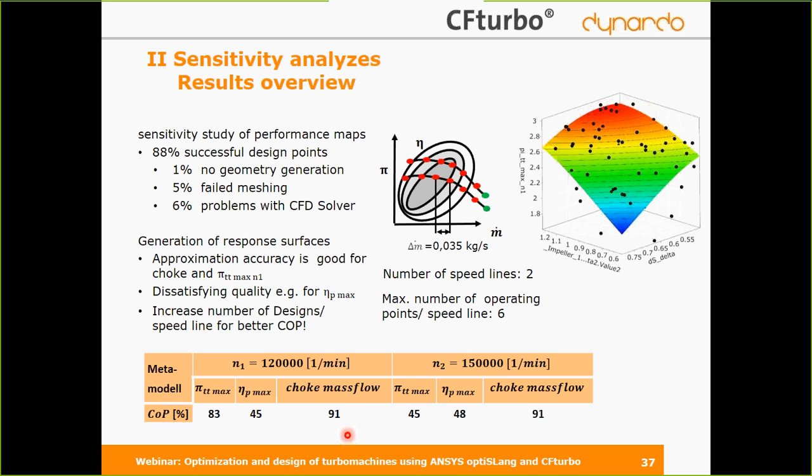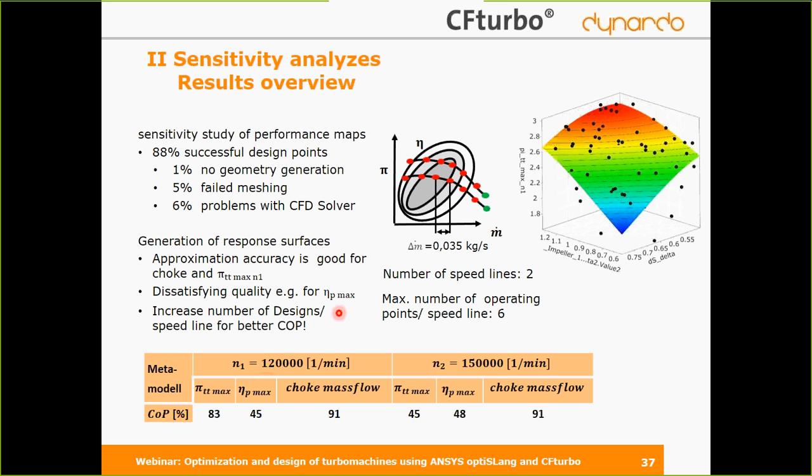The COP value is normalized, so between 0 and 100%. 100% would be excellent, 0% would be very bad. So you can see here that choke mass flow and the pressure ratio of the first speed line have some high COP values. The pressure ratio of the second speed line and the efficiencies have a rather low COP value.